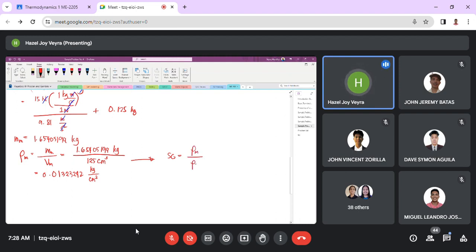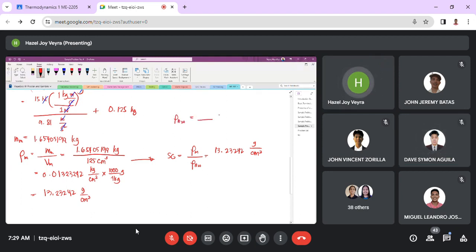For the specific gravity, we have the density of the unknown material over the reference medium, which is water. I'm converting this into grams: 13.23242 grams per cubic centimeter. Does anyone know the value of the density of water in grams per cc? 1, correct.